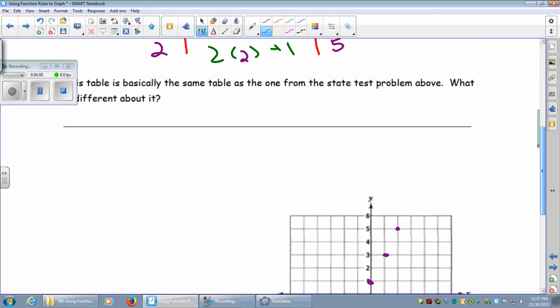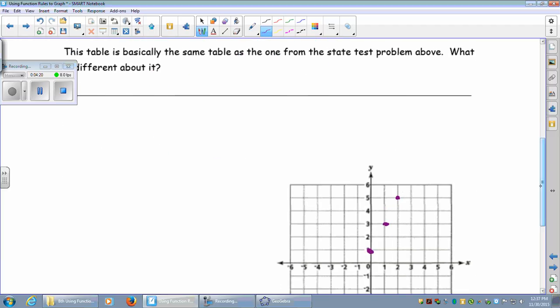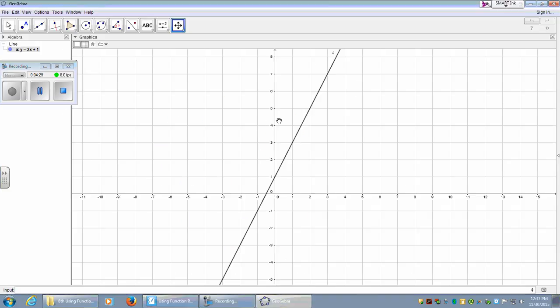And the reason that I need to put a line on it is because these are not the only numbers I could have used. I could have used any numbers that I wanted. Now, not all of them are going to show up on this graph, but I could have used any numbers that I wanted. And in fact, when I put this equation into my GeoGebra software program right here, it gave us those 3 answers.